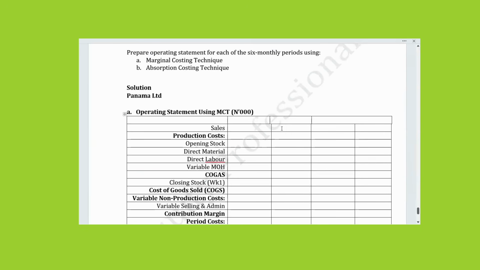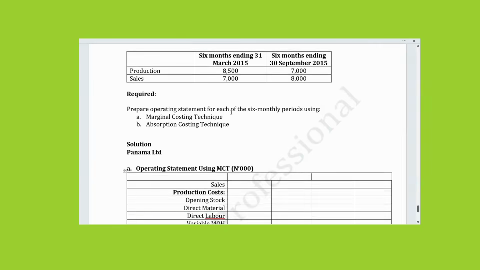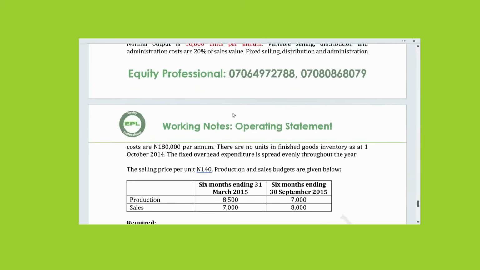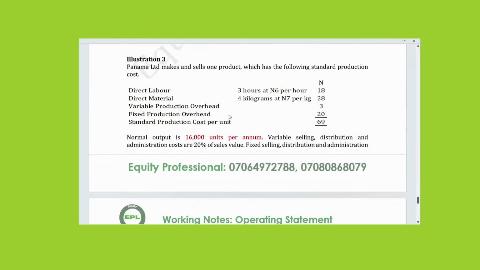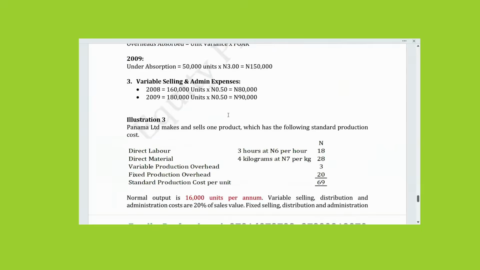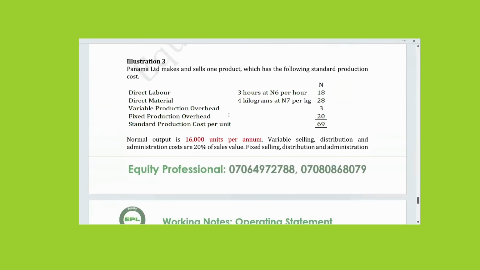So pay attention to this. You have to be very careful with this kind of question. If you don't pay particular attention to the dictates of the question, you may not get it correctly. So let's go through it together. We want to determine our sales value.